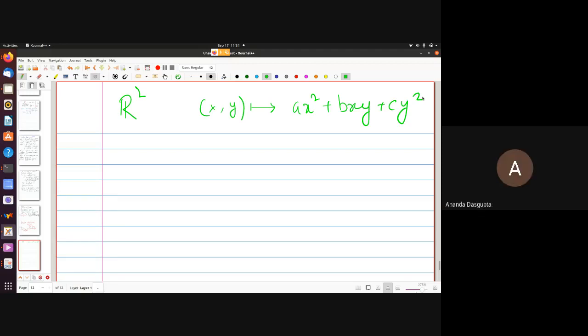It's easy to see, right? You have basically 3 independent vectors in this space: x squared, xy, and y squared. Or looking at this from the other angle, you need 3 numbers to describe an arbitrary map here: A, B, and C. So this is a 3-dimensional space. Although our original space was 2-dimensional, this particular space of functions is 3-dimensional.